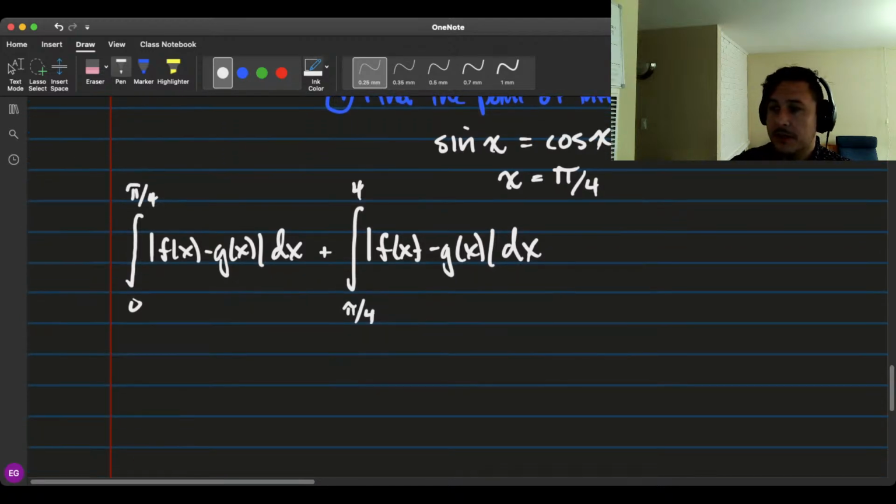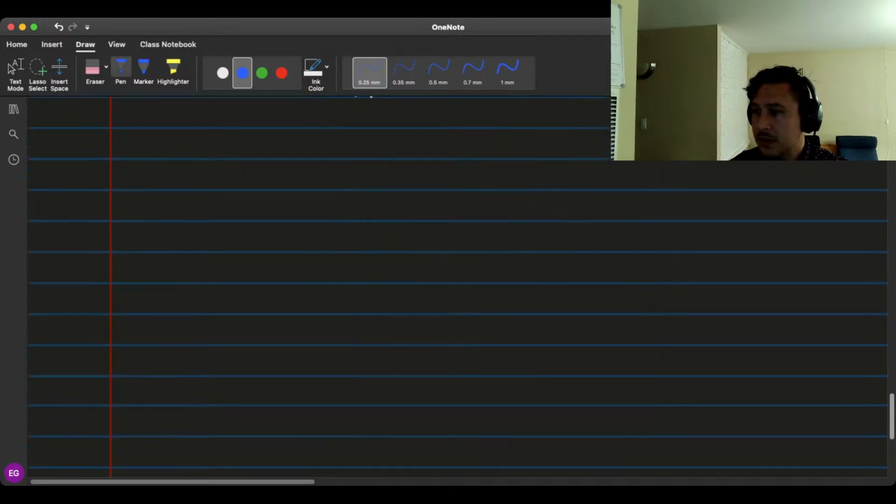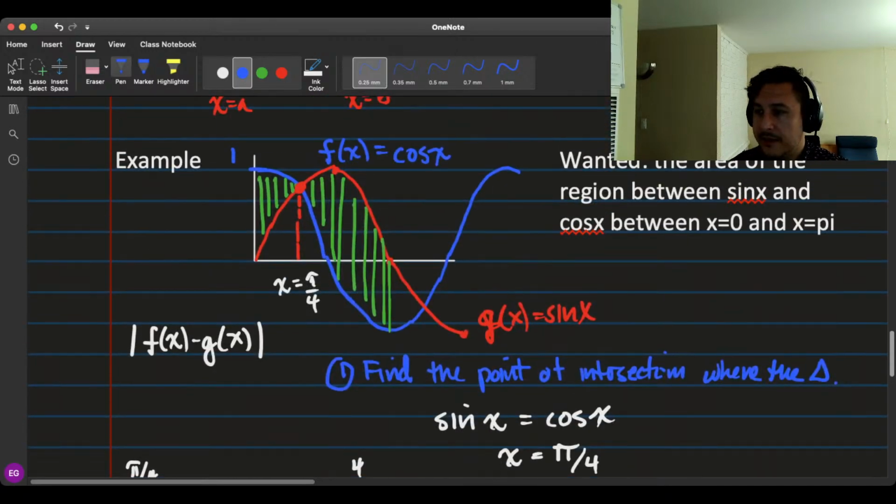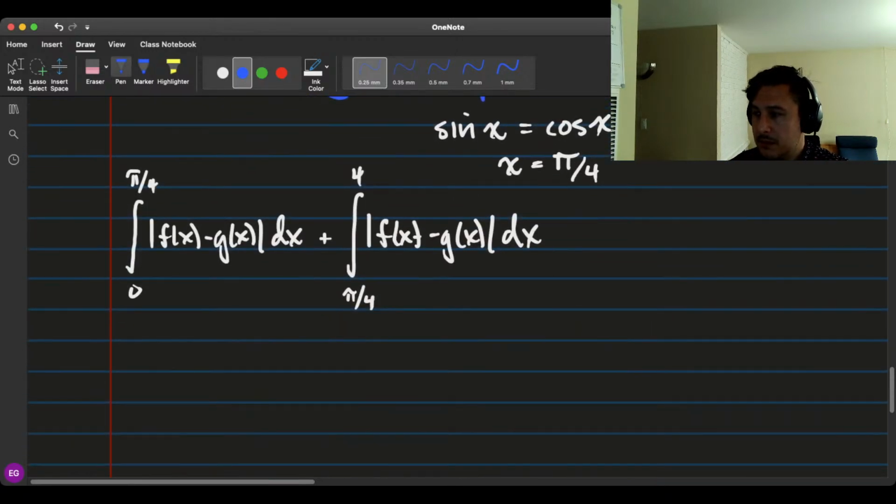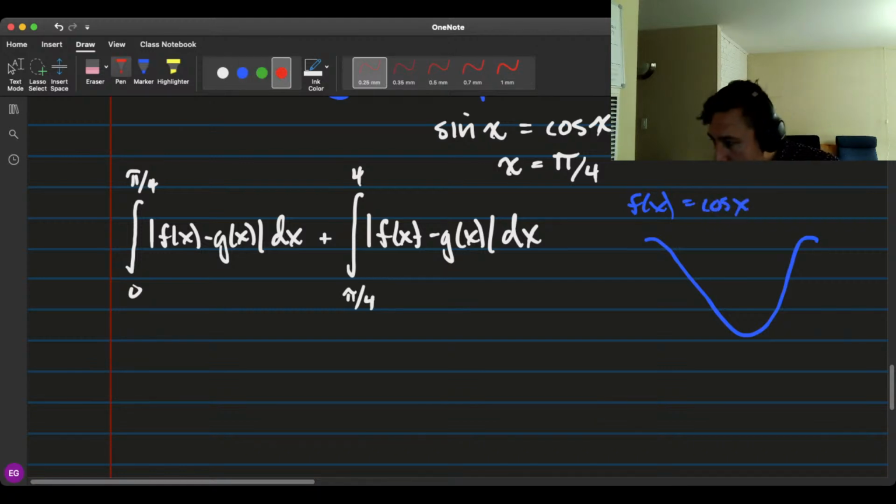Okay, and we're just going to quickly redraw those curves. Which one was f? F is cosine. So f of x is cosine. G of x is sine.